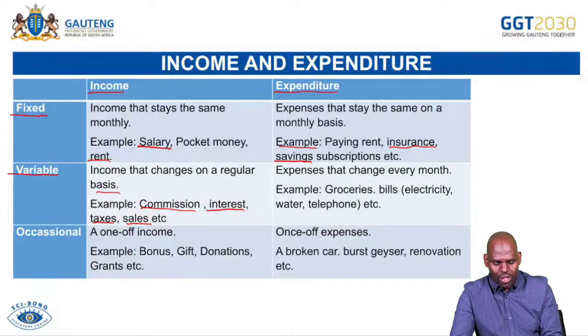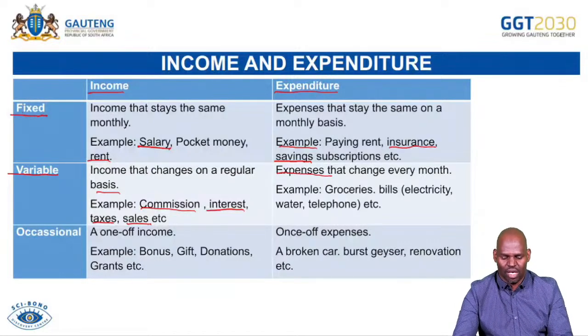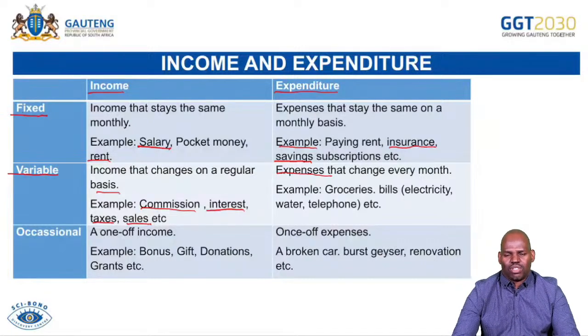And then we've got expenses that change every month. Okay, these are variable expenses. Variable expenses are the expenses that change every month. Example, we've got groceries. We don't necessarily plan to buy the same items every month.